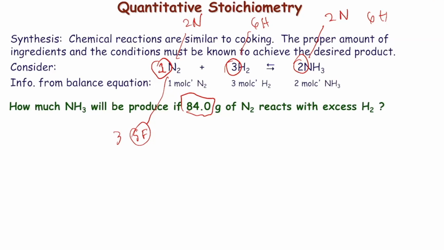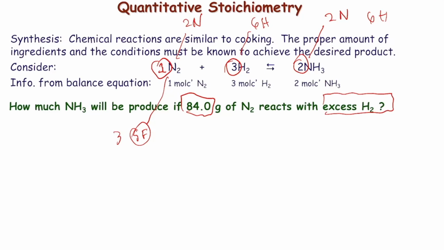So again, I always tend to do this, I break off on a tangent, but it's stuff that you guys should know. I've got 84 grams of nitrogen with excess hydrogen. Whenever you see excess hydrogen, it means that it doesn't run out. It means that you don't have to be concerned with that chemical.